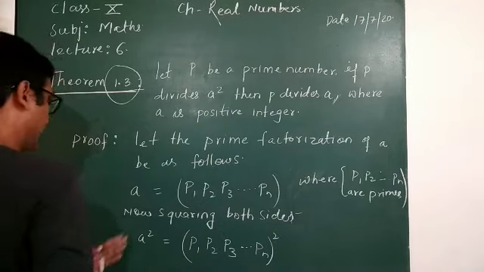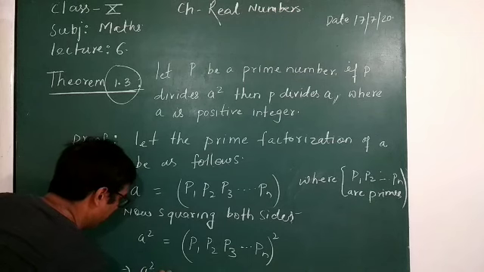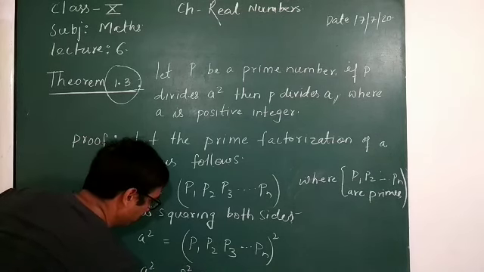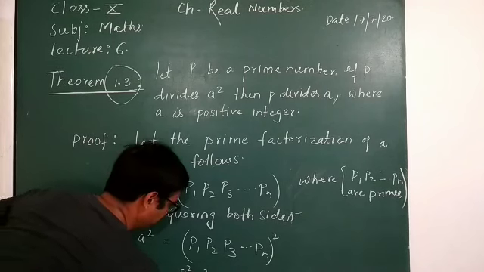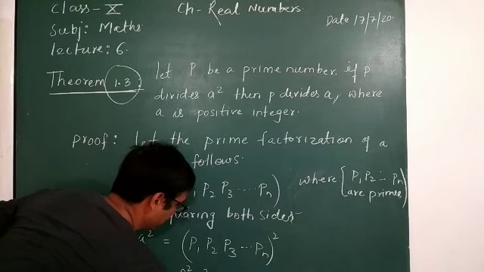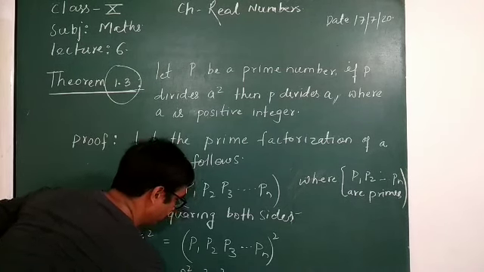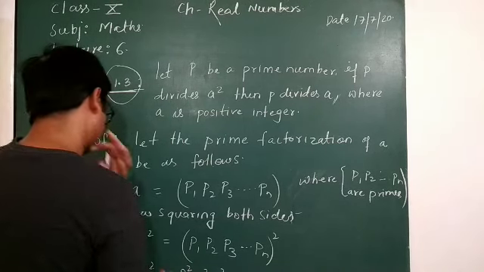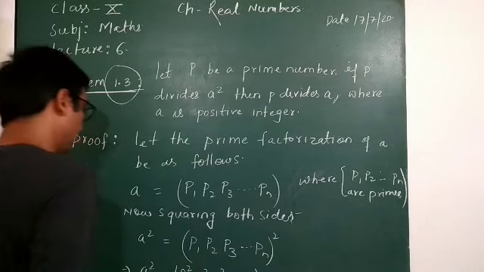So we can again write that A square is equal to P1 square, P2 square, P3 square, Pn square.